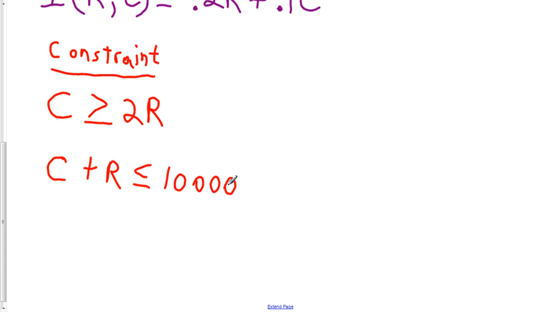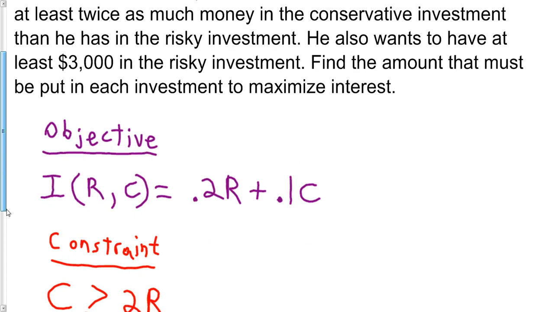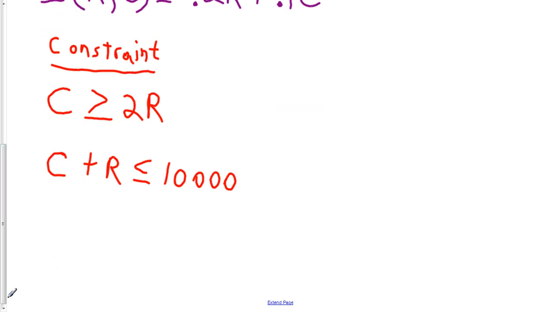And the last constraint that we have here comes from this. It says he also wants to have at least $3,000 in the risky investment. So the amount in the risky investment has to be greater than or equal to at least 3,000.